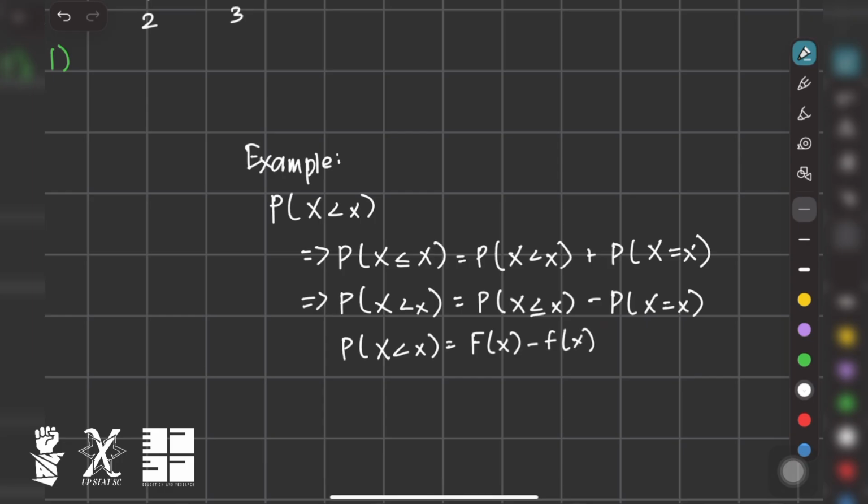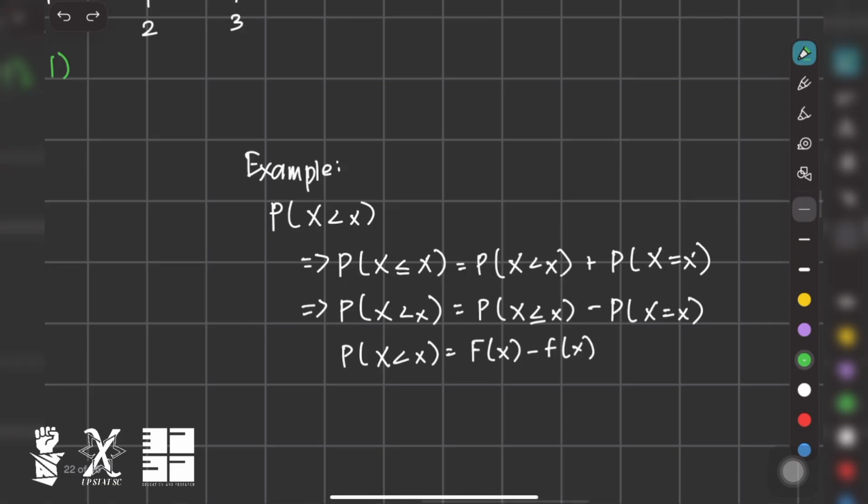So that's it for a more complex approach. First, we break it down into two probabilities, then we isolate our desired probability, and then we convert the other side of the equation using the CDF and the PMF notations.